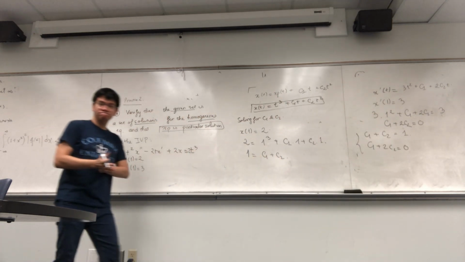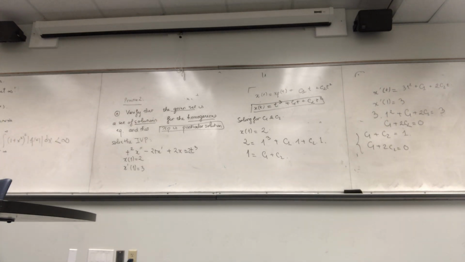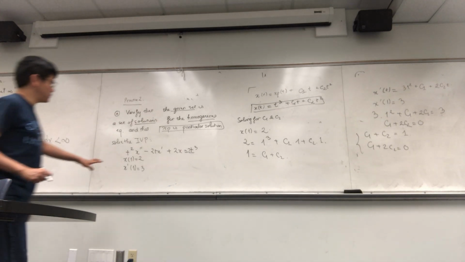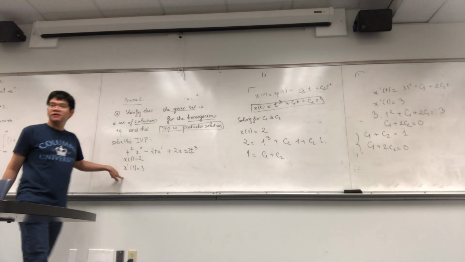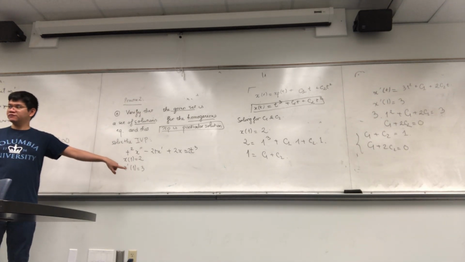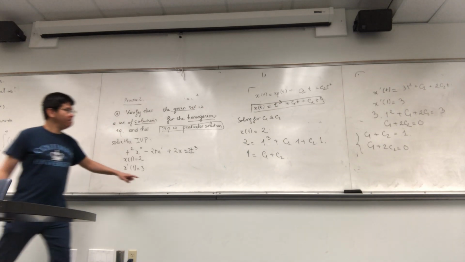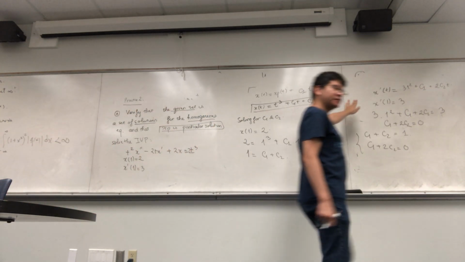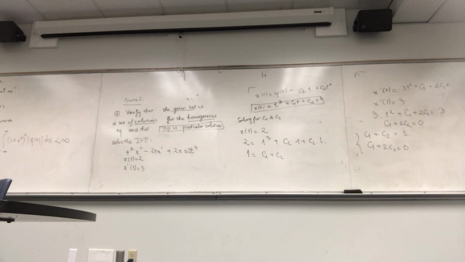All right? Questions? Right. So I explain again. The second initial condition is about the derivative of the solution at 1. This is why here you have to take the derivative of the general solution that we found. This derivative gives you 3t squared plus c1 plus 2c2t.